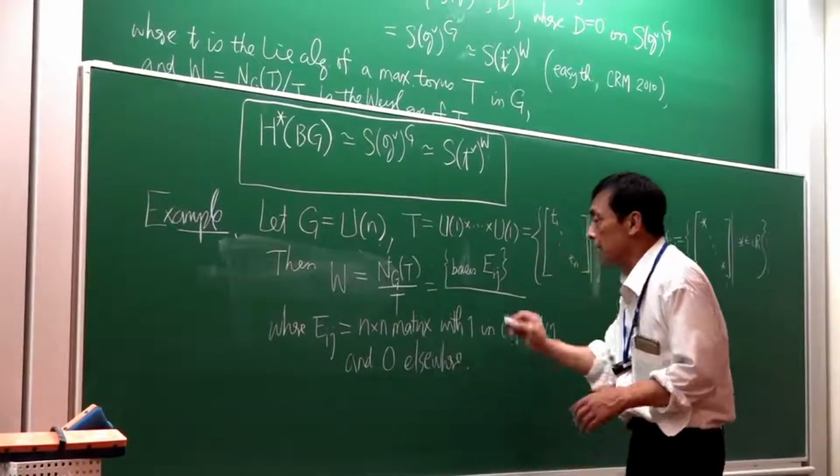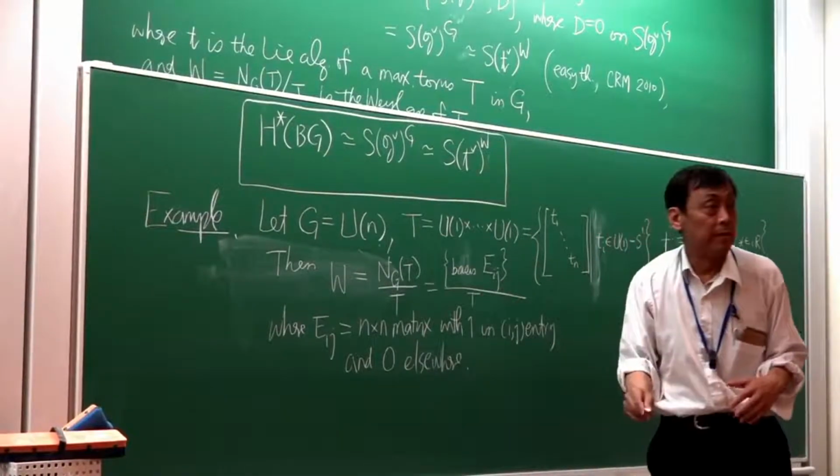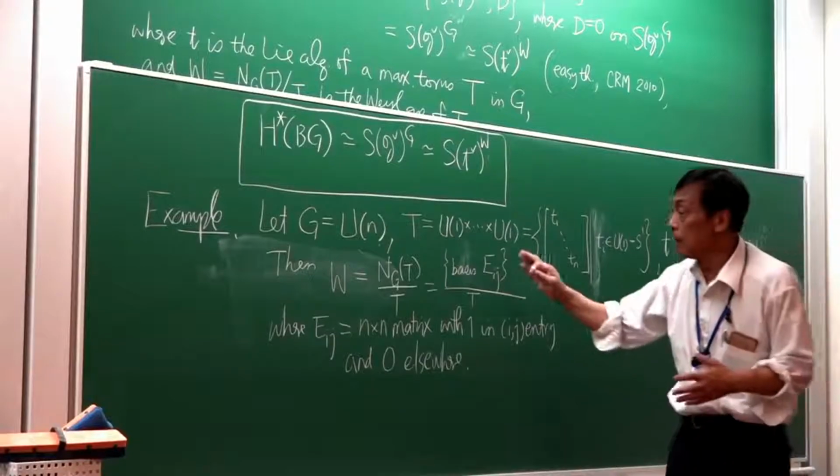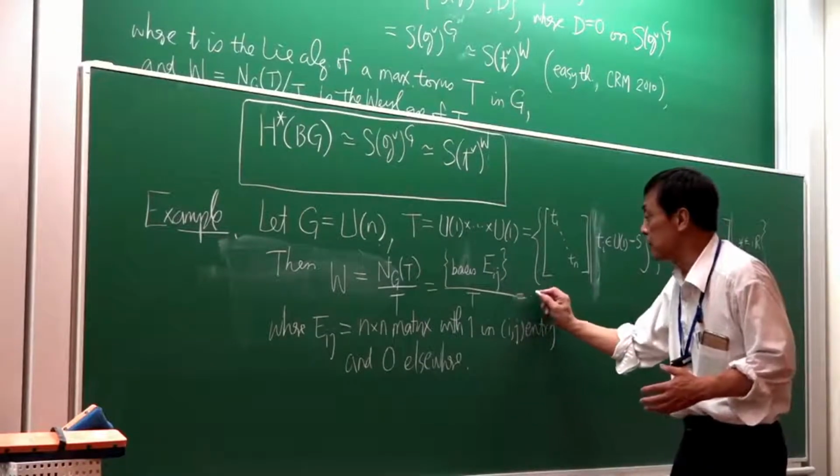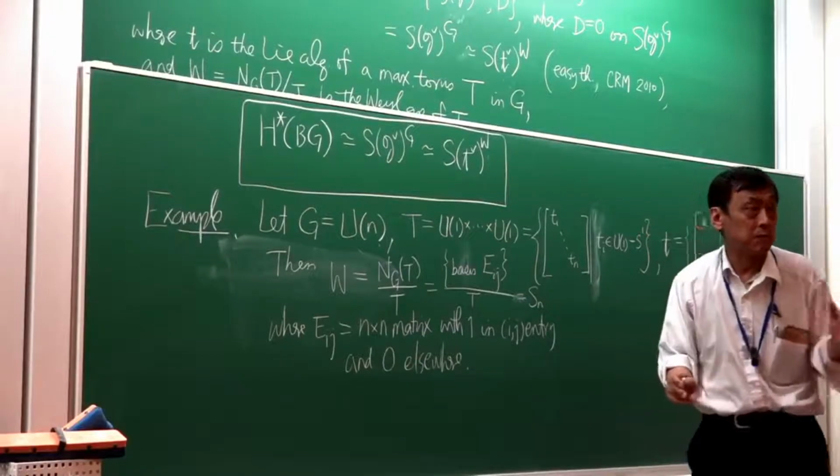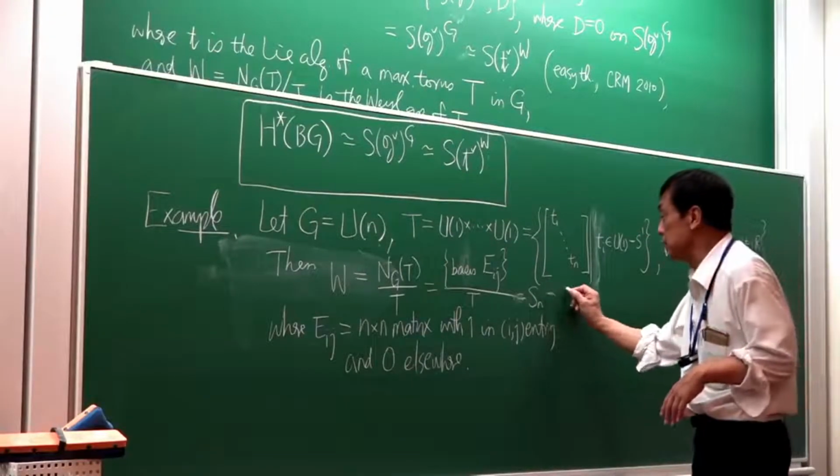Okay? And then you divide by the maximal torus. When you do that, then what you get is just the symmetric group on n vectors.